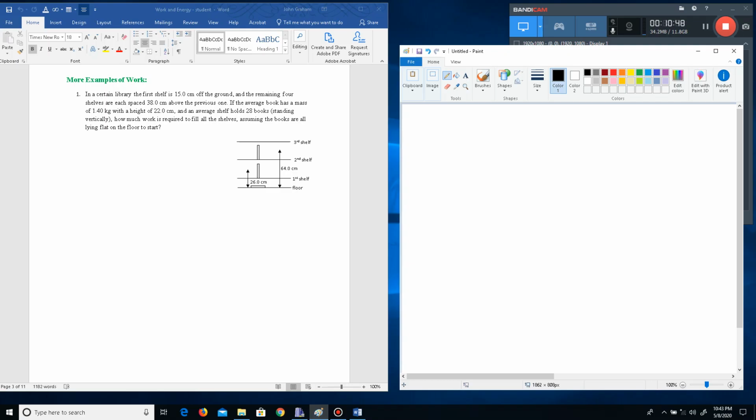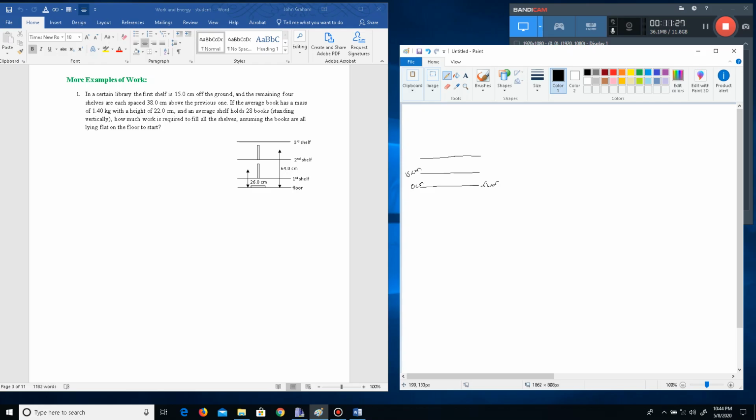And then we have the distances from the floor to the first shelf, which is going to be 15 centimeters. So I'm going to kind of redraw this actually. So that's the floor. This first shelf is 15 centimeters from 0 centimeters. And the remaining shelves are each 38 centimeters above the previous one.